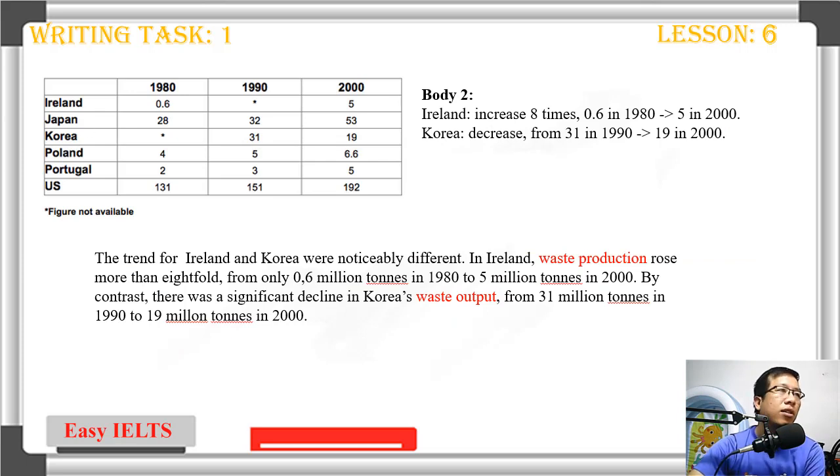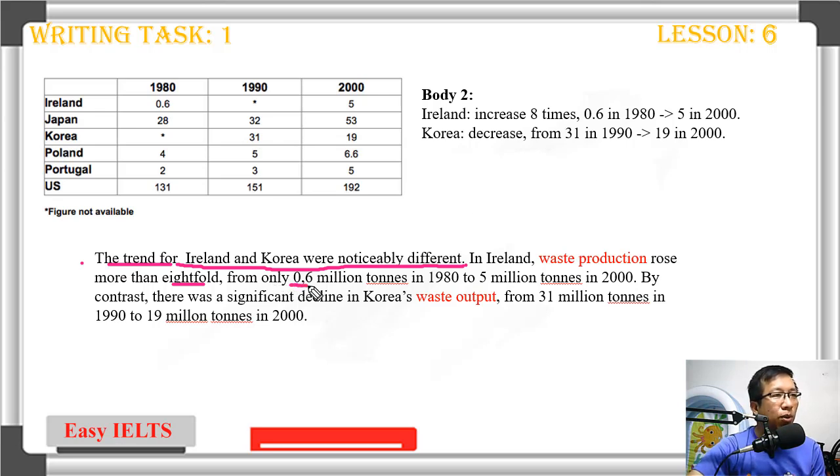And now move on. Body 2. To begin body 2, you can use the phrase, the trend. The trend for Ireland and Korea was noticeably different. You can copy this structure over here to start the second body paragraph. In Ireland, waste reduction grew more than 8-fold. Instead of 8 times, you can say 8-fold. Like 4 times, you can say 4-fold. 5 times, 5-fold. 6 times, 6-fold.